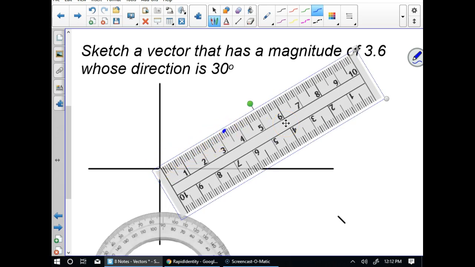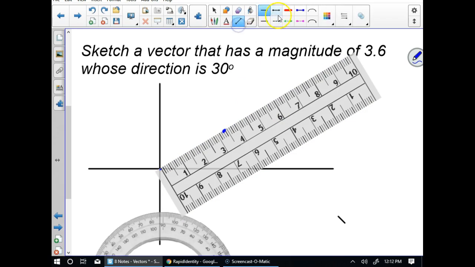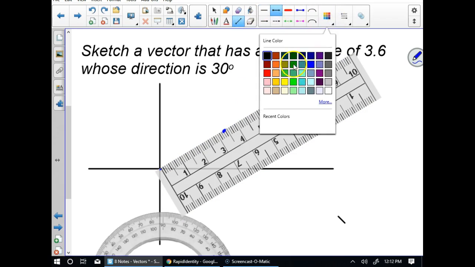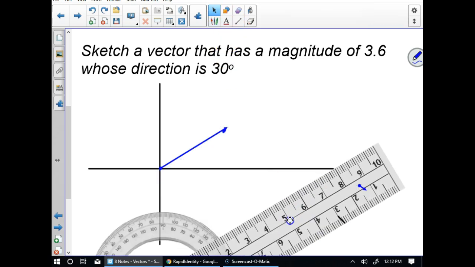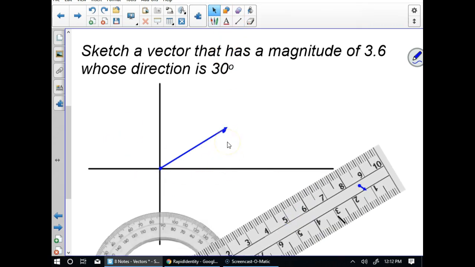It's actually very close to that dot that I put there, which is just coincidence. Let me actually do this. Better. Start right here. 3.6 is right here. So if I had to draw this vector to scale, this is what it would look like. The length of this here would be 3.6, and this angle right here would be 30 degrees.